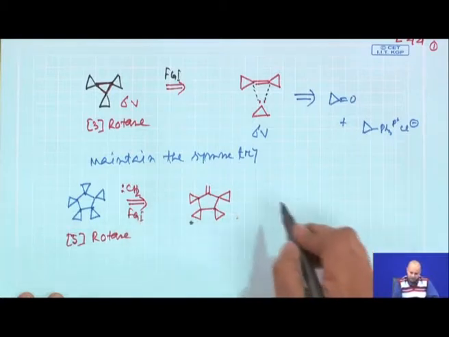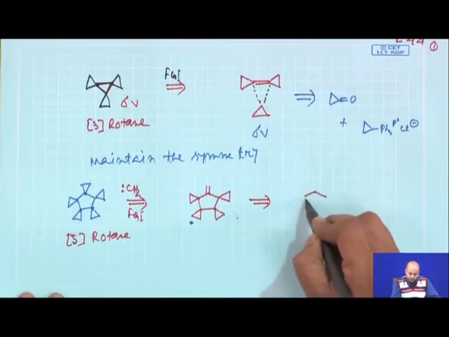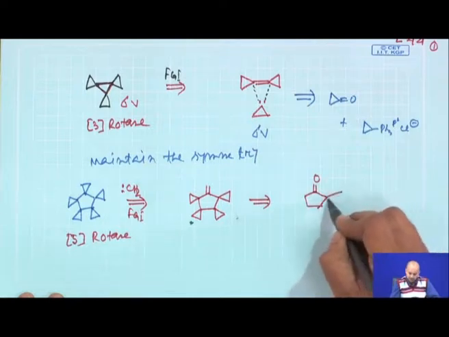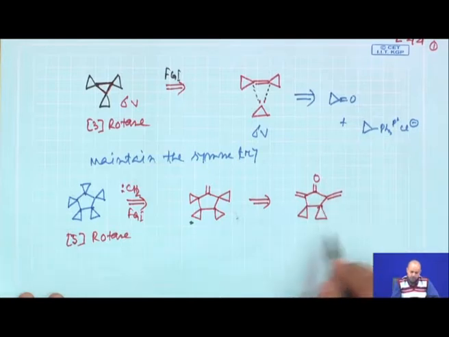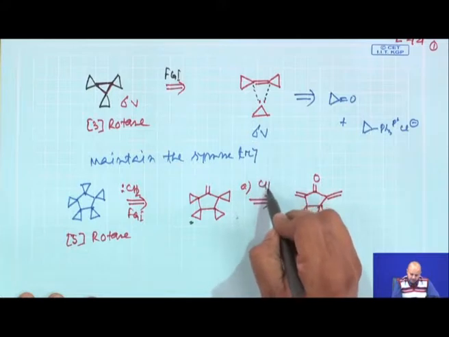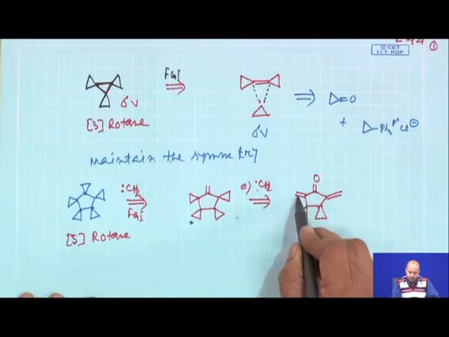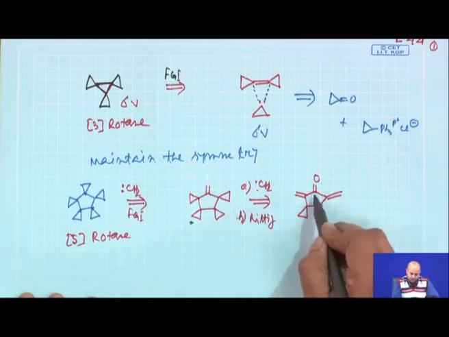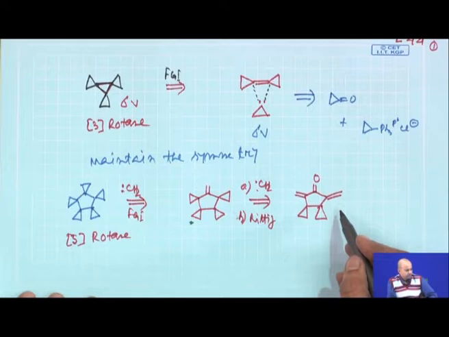Okay, this is fine. Then if you have this particular carbonyl compound and this exocyclic double bond, you can construct it through carbene addition on both these double bonds, and you can do a Wittig transformation of this carbonyl group to construct the exocyclic bond. Fine.